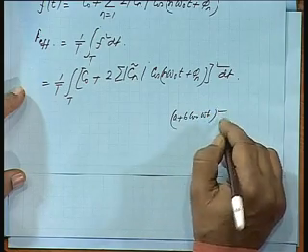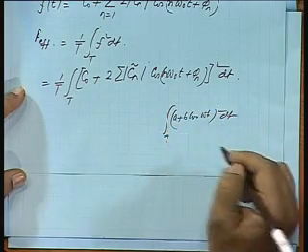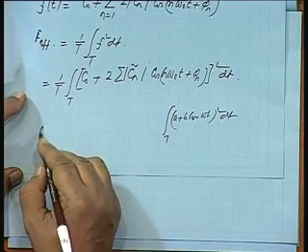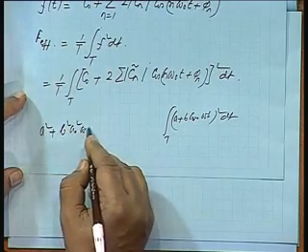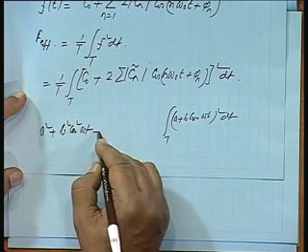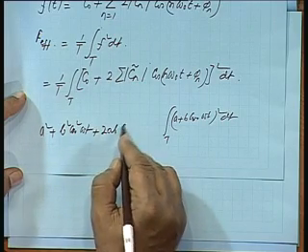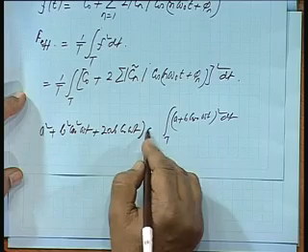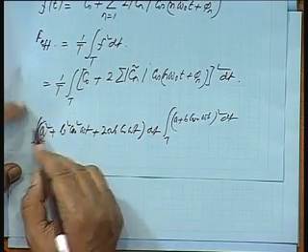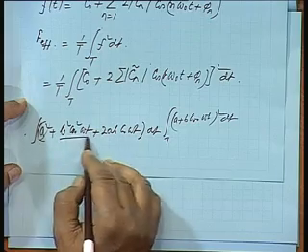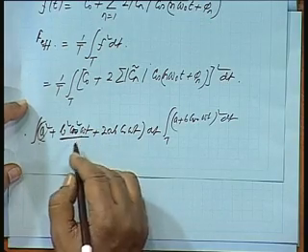When you take an integral of this kind, something like a plus b cosine omega t squared dt over a period T, one term you get is a square, the other one is b square cos square omega t, the third one is twice a b cos omega t.